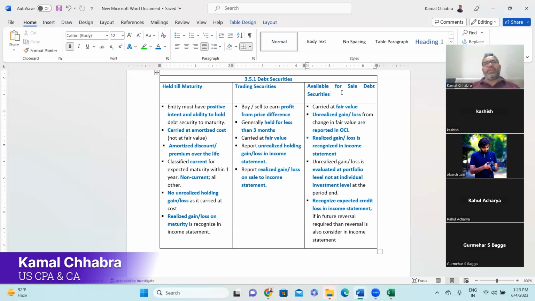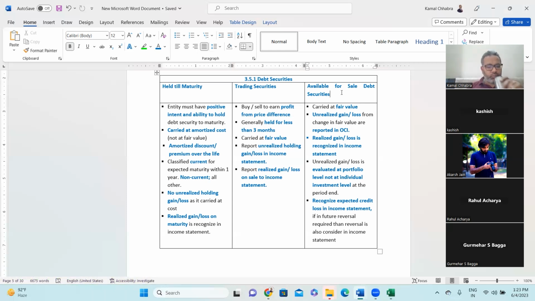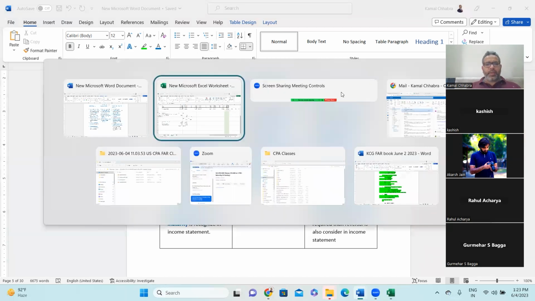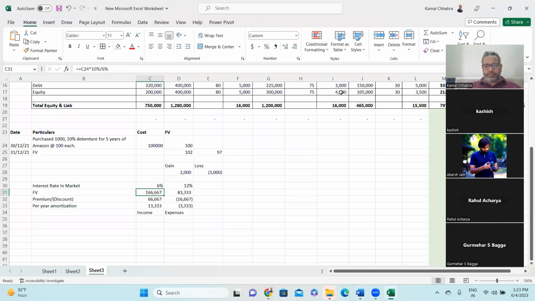If there is any unrealized gain or loss parked in OCI for a particular security and you sell that security, then you will release that gain or loss from OCI to the income statement. Make sense? Yes, sir. Sir, why will it go to OCI, why not the income statement? Yes. What goes in OCI?